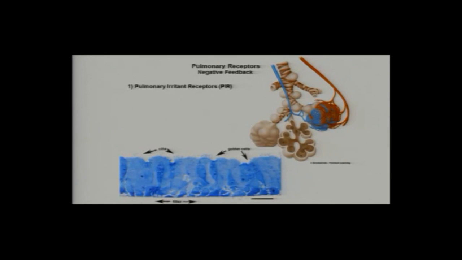So the question was, is that triggering both the irritant and the J receptors? Yes, but hopefully you're triggering the irritant receptors first, and it's preventing the substance from getting to the site of gas exchange.